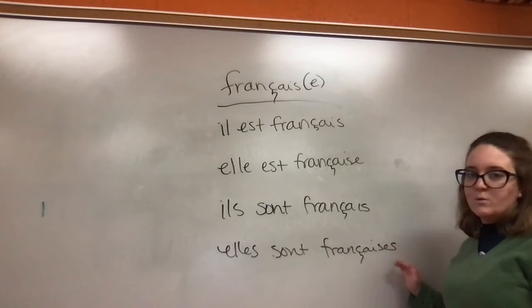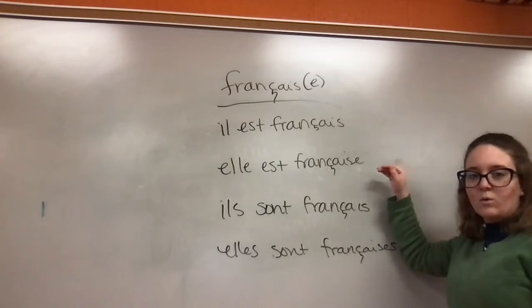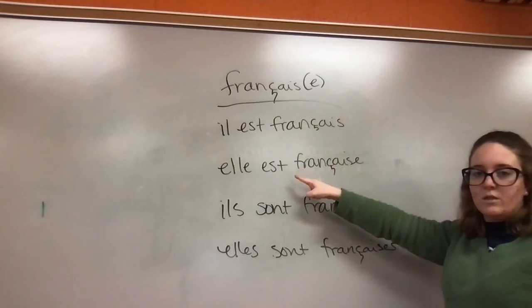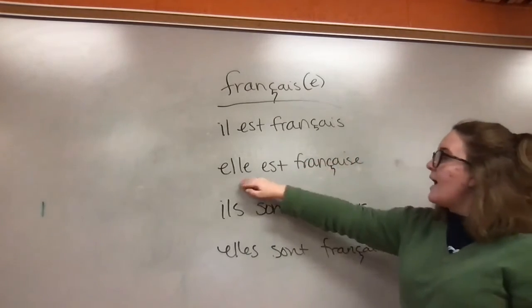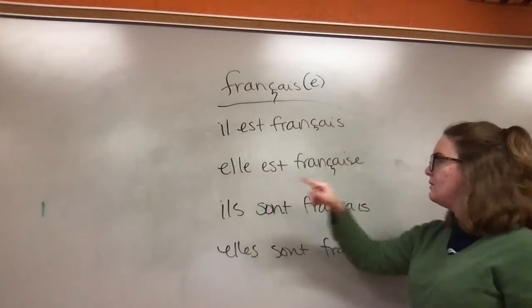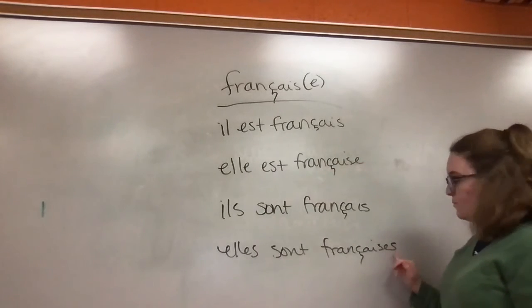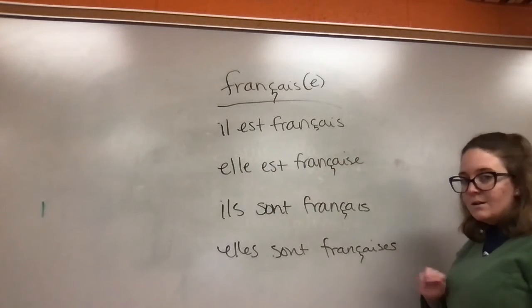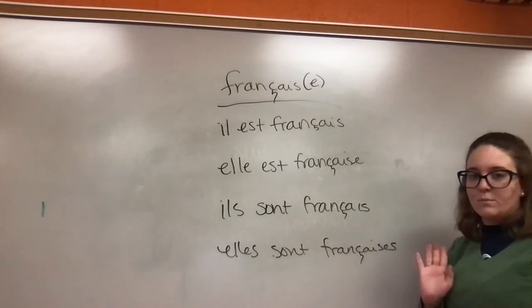All right, but between this one and this one, the only pronunciation difference is with the different verb. Otherwise, elle est française, elles sont françaises. Having this extra S here at the end does not do anything with pronunciation.